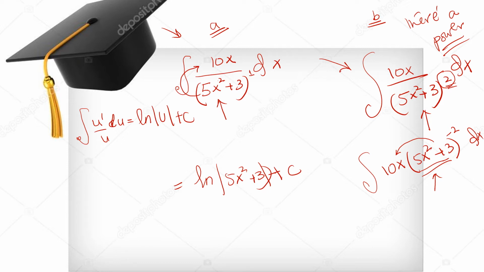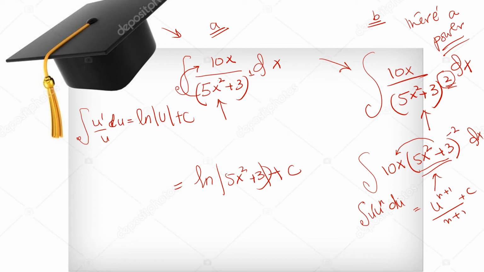So we will apply the power rule. According to the power rule, if u to the power n du is written and u prime is written with it, then you apply u to the power n plus 1 over n plus 1, plus c. So we ignore the derivative; we never write the derivative in the answer.